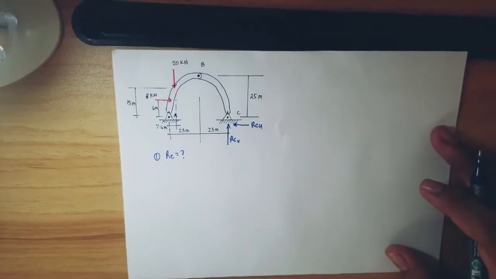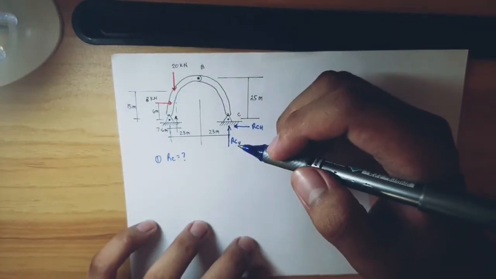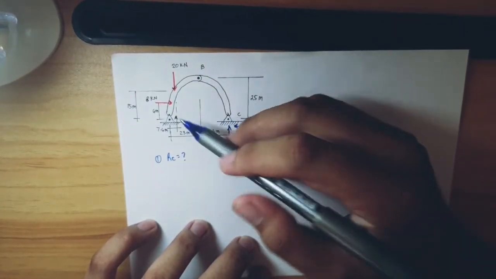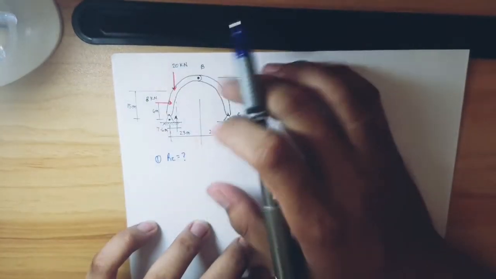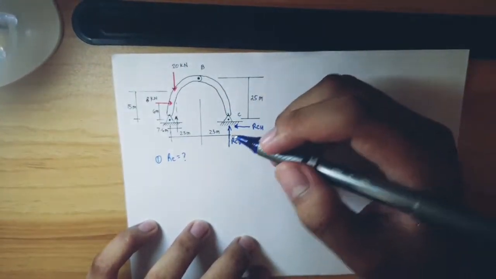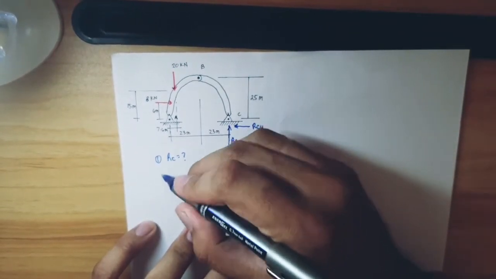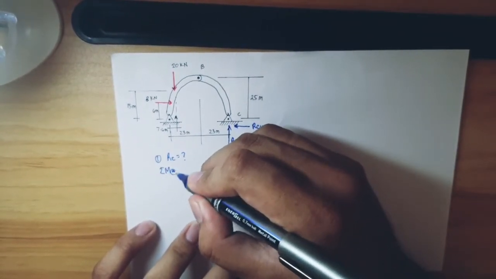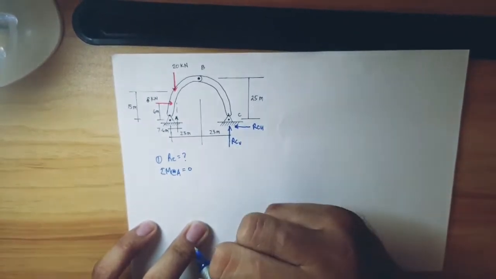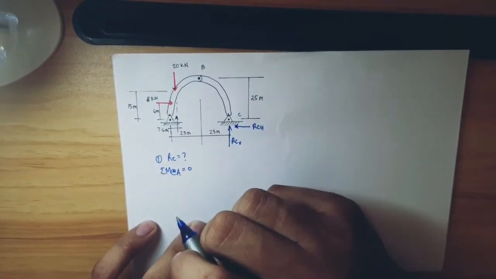Okay. So, sum up tag moment at A, considering the entire structure, the entire arc. Summation moment at A equal to 0.